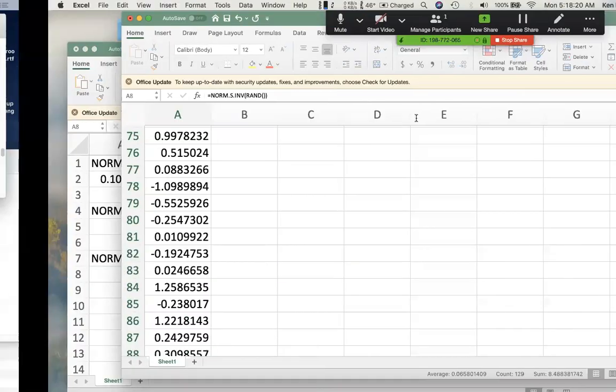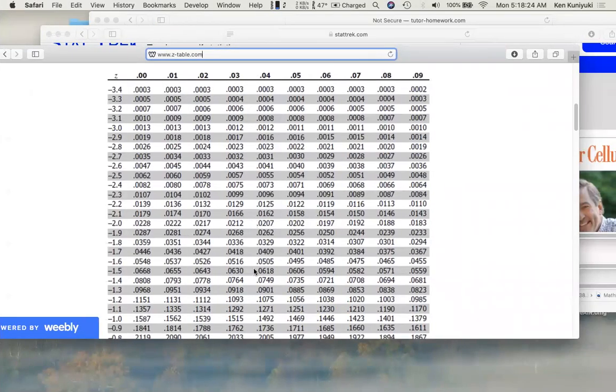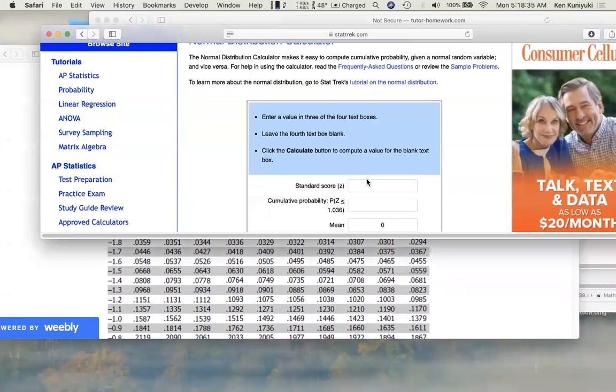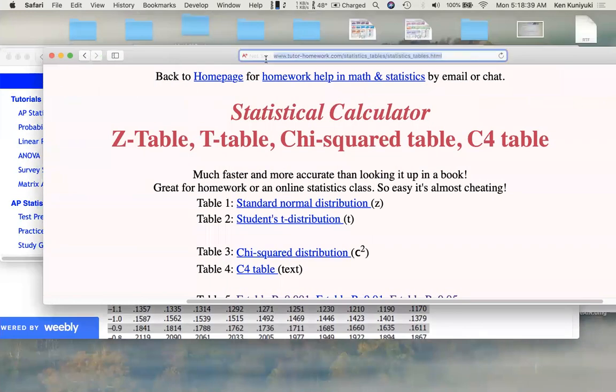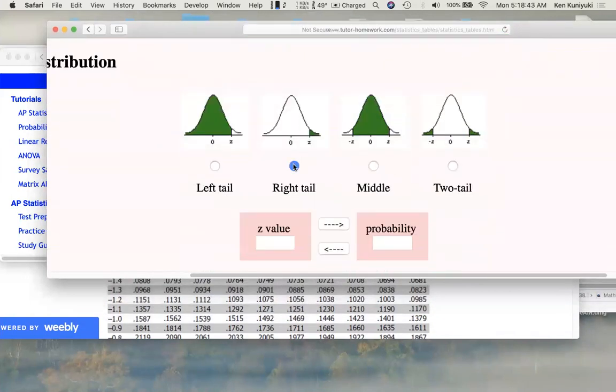Now on software, with the table, you just have to know that you take the 0.1075 that we got here and subtract from 1. StatTrek also gives you the cumulative. If you go to the tutorhomework.com site, it does give you a right tail option. Now, I hope that you know to subtract from 1 anyway, but if you forget, we put in negative 1.24.